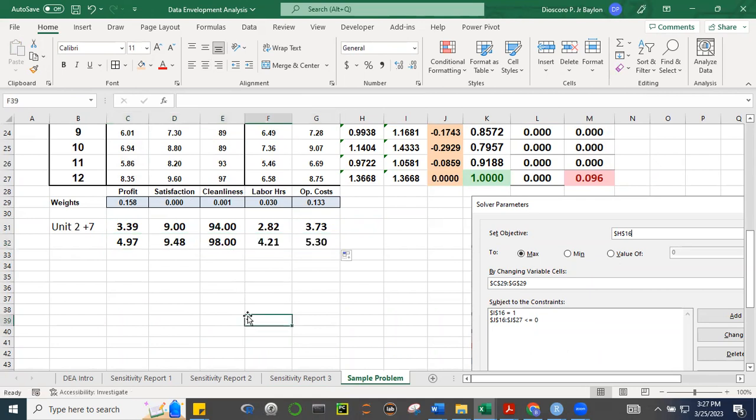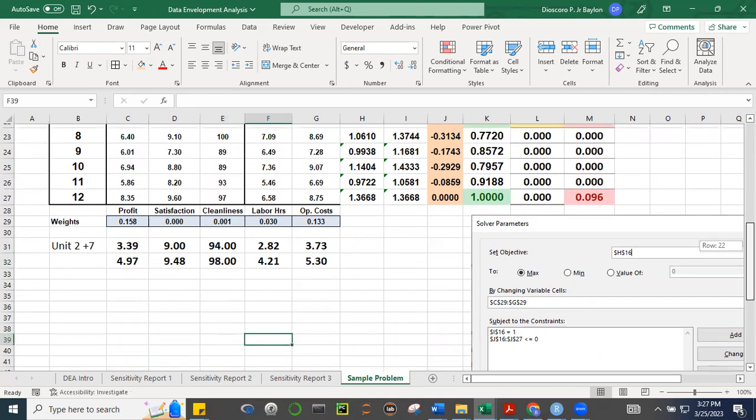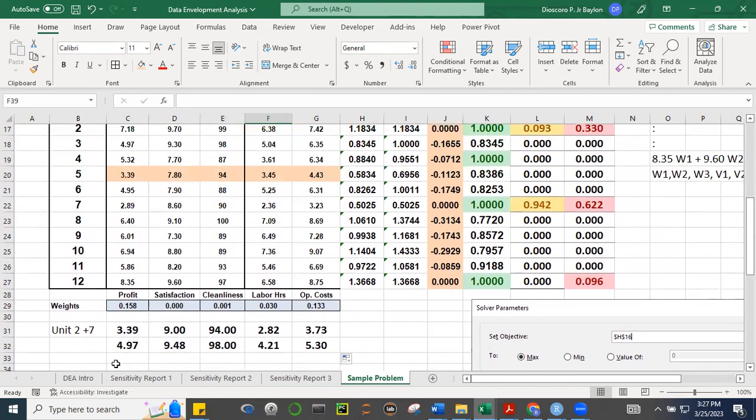Okay, so if we take a look at this, we have to compare it with unit number 3. In terms of profit, they're the same. In terms of satisfaction rating, this combination unit is better. In terms of cleanliness, they're the same.